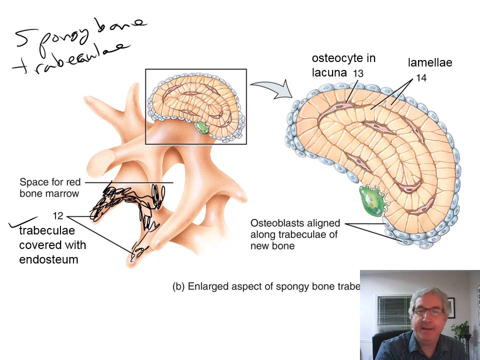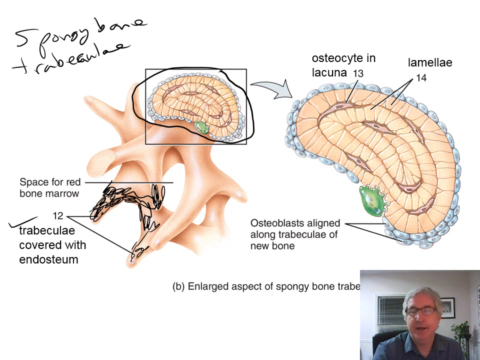And you notice that it's not as regular as an osteon is. But this is what a section through spongy bone looks like. So it's kind of an osteon, but sort of flattened, because you can still see these layers. Here are both sides of the lamellae, and you still have canaliculi going through here, and you still have a lacuna with an osteocyte in there.